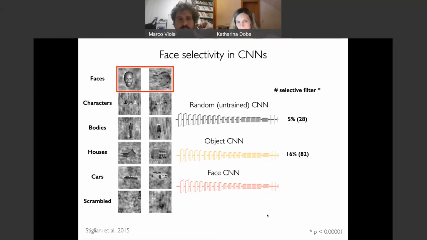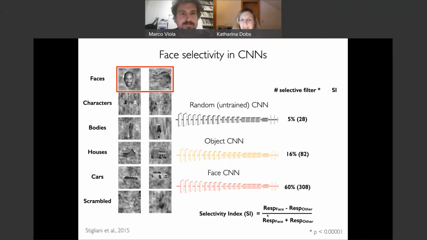So if you know these data sets, some of the object categories contain faces, in particular, if you have a category like a wig or a bow tie or something. So faces are useful information here, so it's useful for them to detect faces. And then we looked at the face CNN, and here 60% of all the filters were face selective and responded more to faces than to anything else, which was not too surprising.